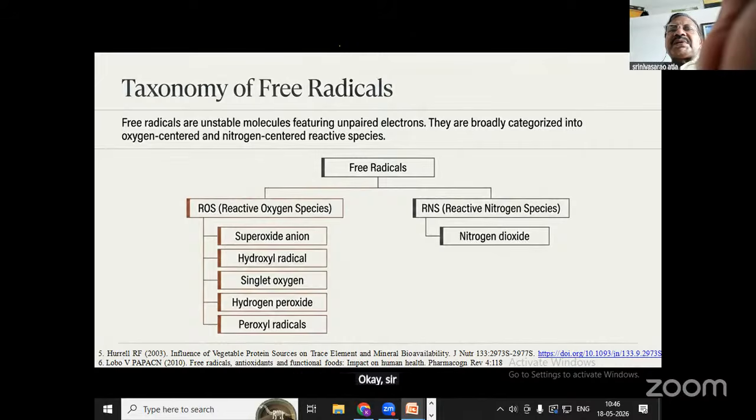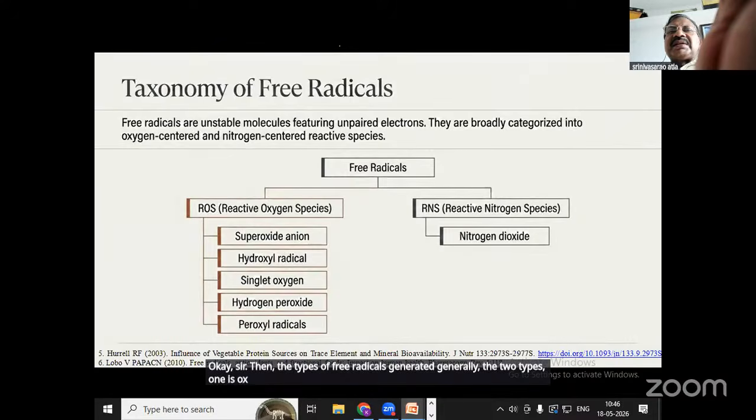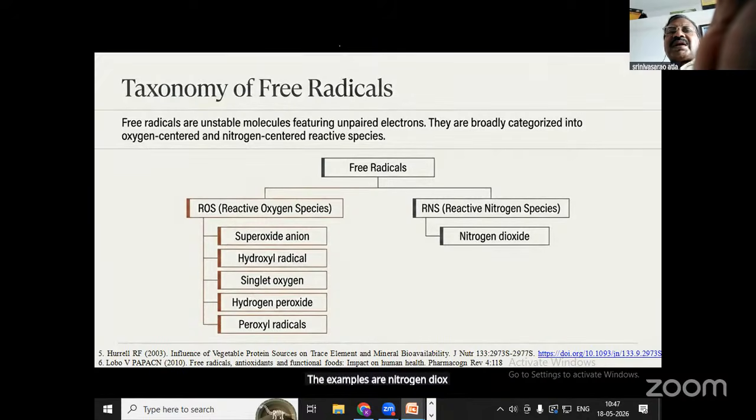Then, the types of free radicals generated are generally of two types. One is oxygen-centered species. The second one is nitrogen-containing species. The example of a nitrogen-containing species is nitrogen dioxide.